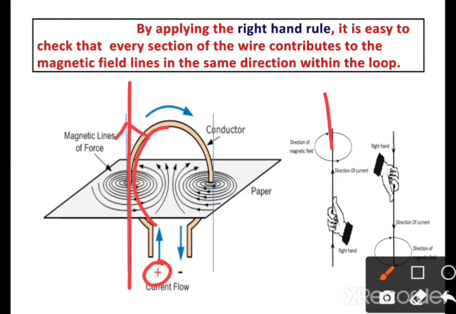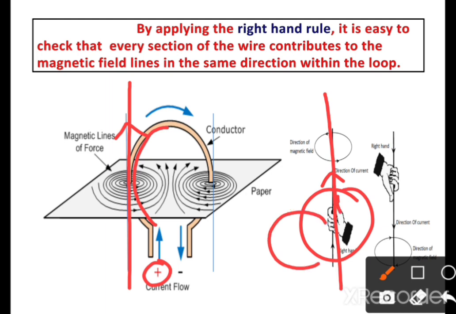So see here, the current is in upward direction. Hold the conductor in your right hand. The thumb represents the current direction. The curled fingers represent the magnetic field direction. So when the current is upward, the magnetic field is anti-clockwise. And it is shown here, the arrow mark.